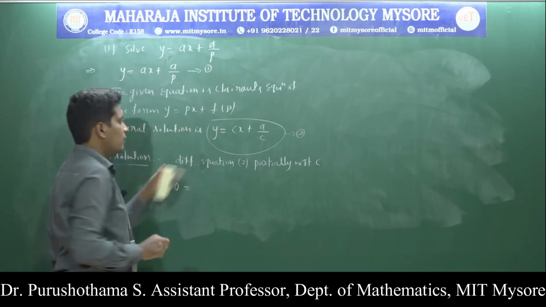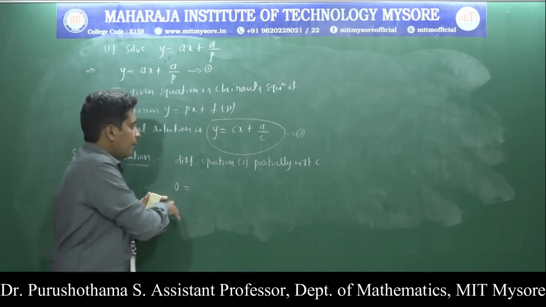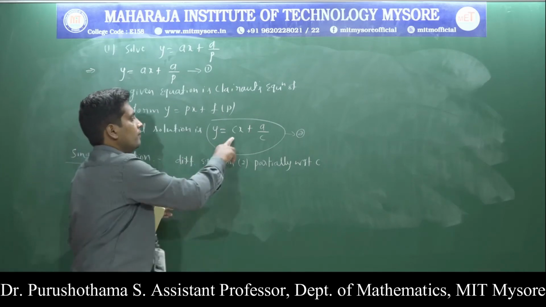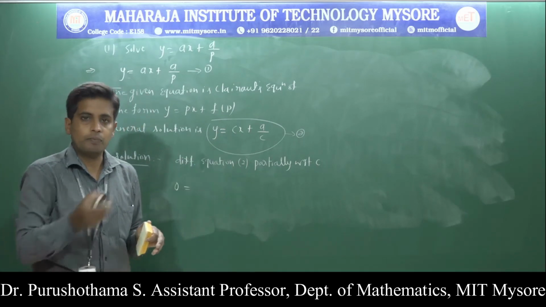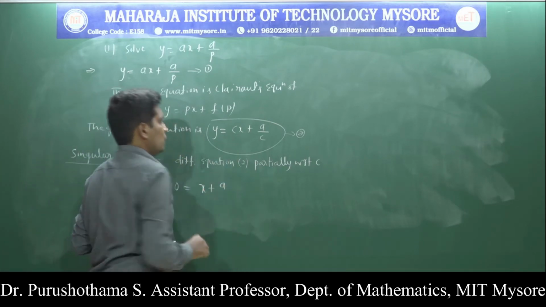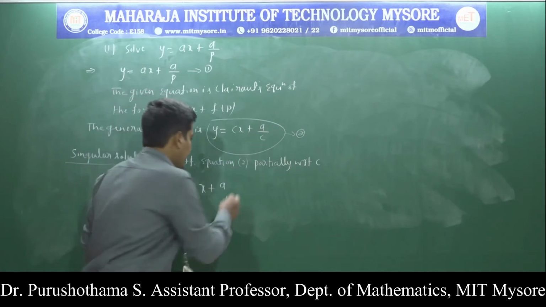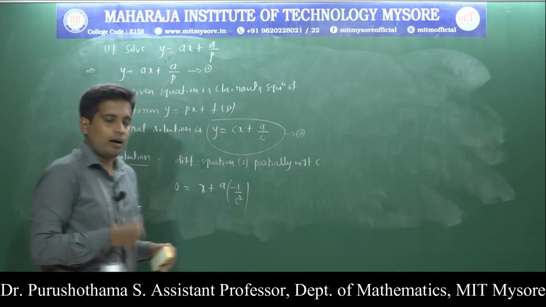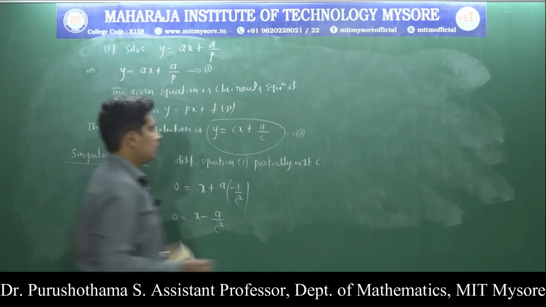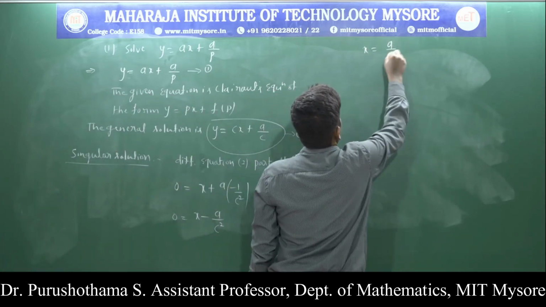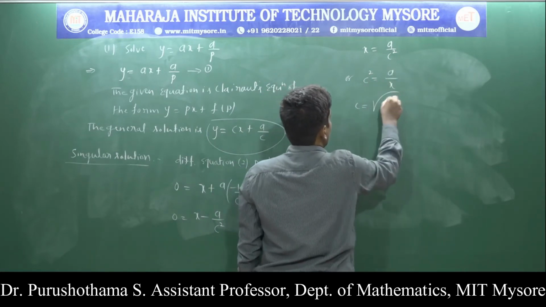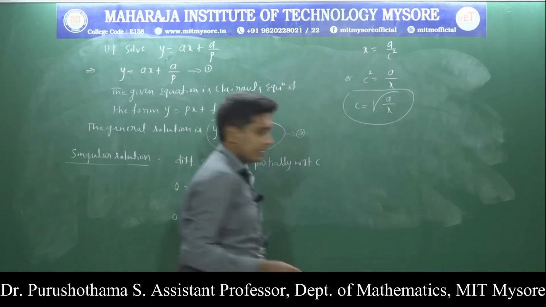Therefore 0, because the LHS does not contain the parameter c, so the derivative of y with respect to c is 0, is equal to c into x, differentiation with respect to c is x into 1, plus a into 1 by c, differentiation is minus 1 by c square. Or 0 is equal to x minus a by c square, which is nothing but x is equal to a by c square, or c square is equal to a by x, c is equal to root of a by x.